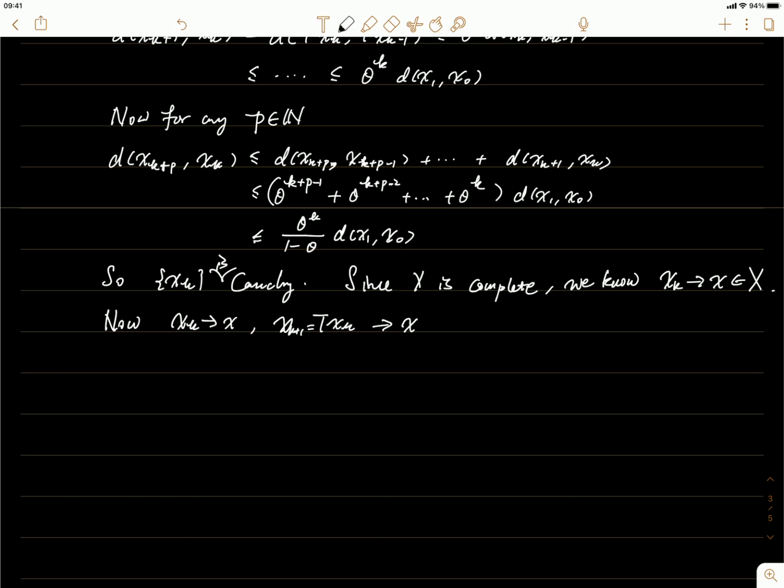On the other hand, T is continuous, so when xk converges to x, Txk should converge to Tx. Since T is continuous, when xk goes to x, T of xk must go to T of x.